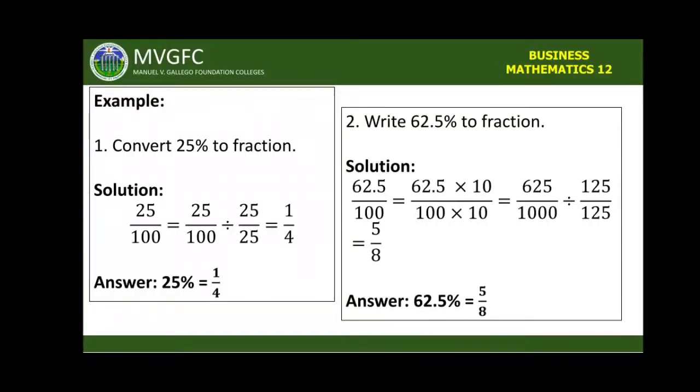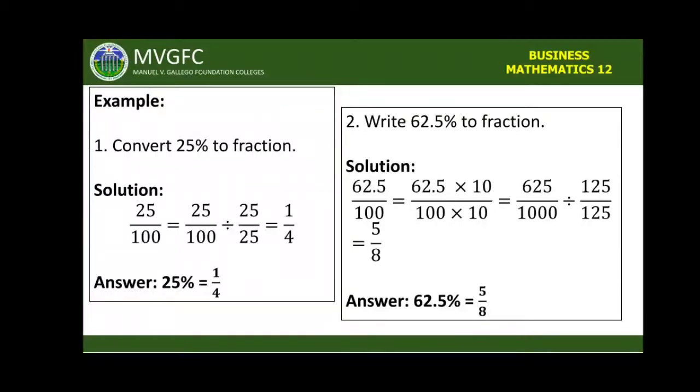So since this has a decimal point, we need to make this a whole number. We can convert 62.5 into a whole number by simply multiplying both the numerator and the denominator by 10. Okay, so we can cancel out the decimal point.